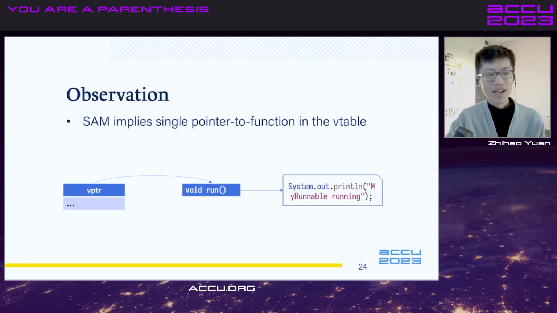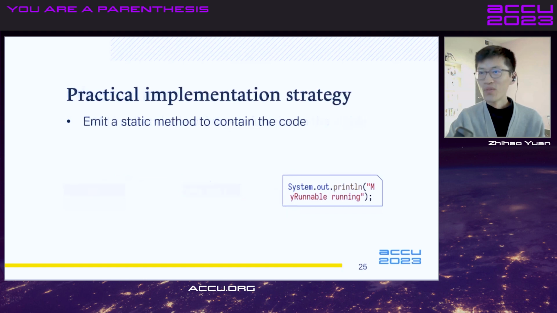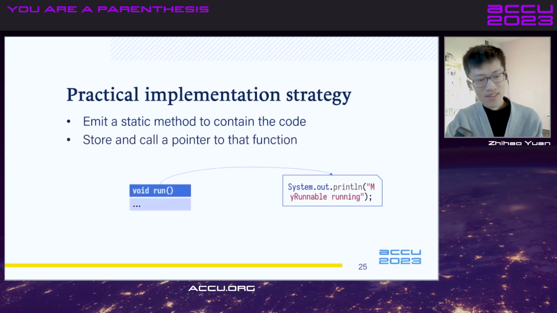So instead of having a vptr that points to that single-entry vtable, we could implement this differently. What the JDK actually does is that first, we emit a static method to contain the code.